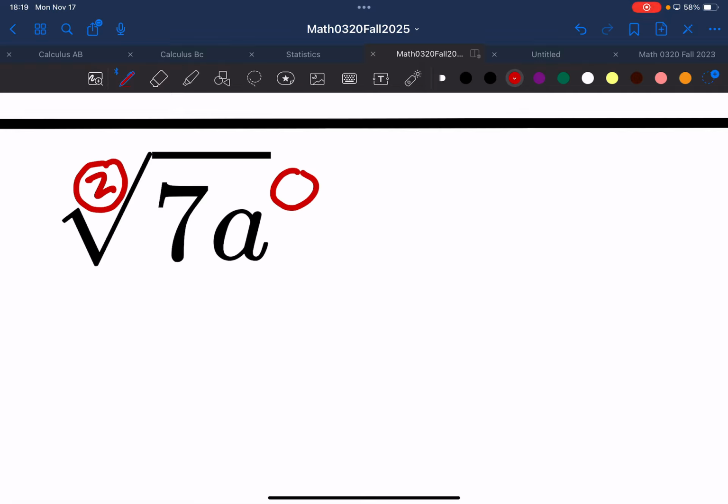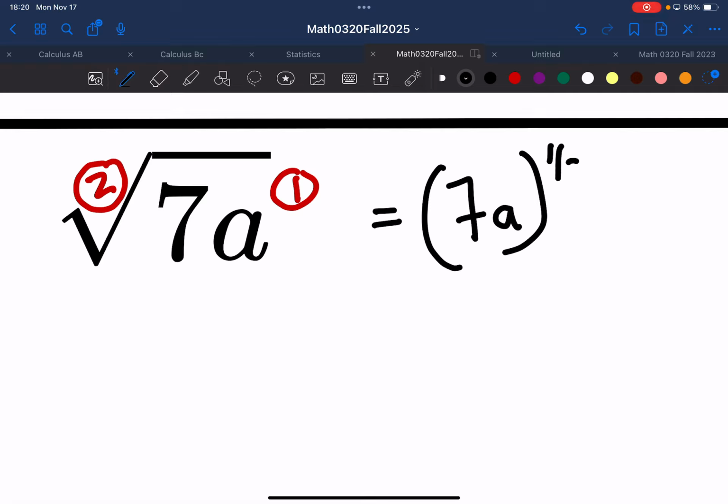And inside as an exponent, if we don't see a number, we know that number is 1. So technically, this is going to be equal to 7a, in parentheses, then to the power of 1 over 2.